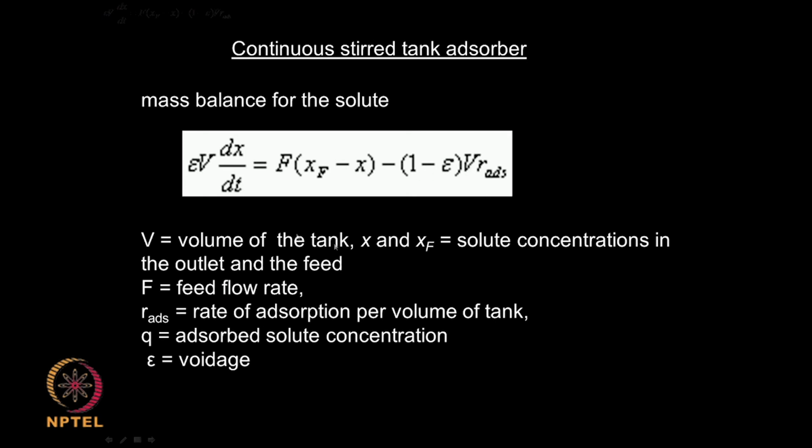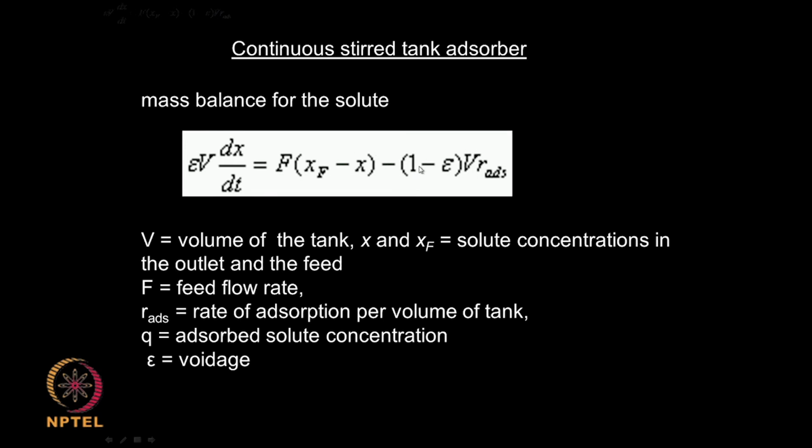The equations are much more complicated, but do not get scared by this. On the left hand side we have how the concentration of the adsorbate changes with time, dx by dt. V is the volume, E is called the voidage of the adsorber.